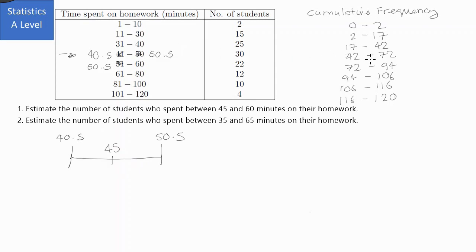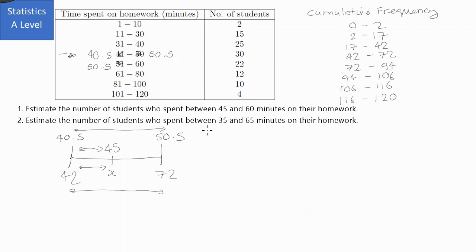Again, if you don't know how I got this, look back at the previous video. So the lower cumulative bound is 42 for that class, and going along, the upper bound is 72. So we write that on there, and we're looking for x. So like before, we do small line divide by this big line is equal to this small line divide by that big line. So let's work it all out.